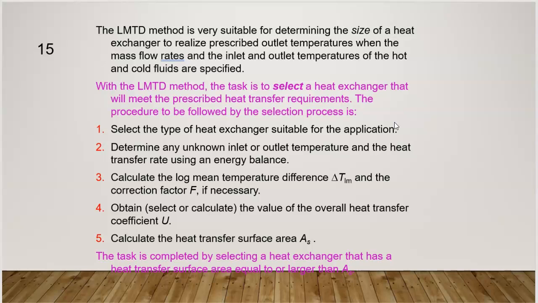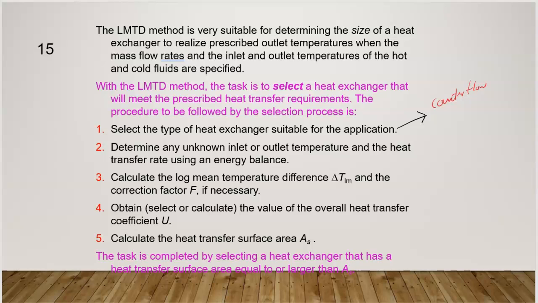Select the type of heat exchanger that's suitable for the application. So for this one you need to know what the types are. Maybe this is counter flow. Okay, because counter flow is better compared to parallel flow.